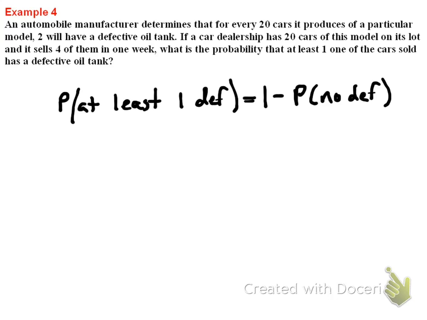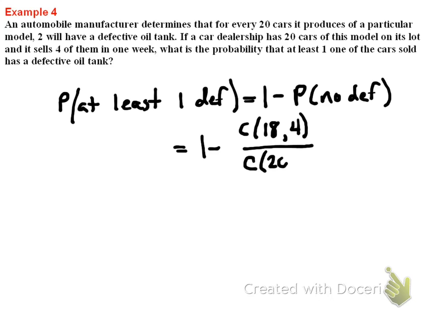So what that gives me then is 1 minus the number of possible combinations for not having a defective oil tank. So we're saying that 18 of the cars on the lot do not have a defective oil tank, and we're choosing groups of 4 from them out of the total number of cars, which is 20, and we're choosing groups of 4.